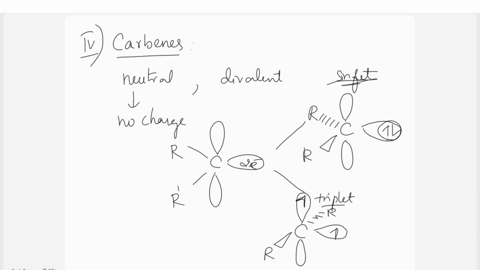In case of triplet, the electrons are not paired, and both have the same spin. Such kind of arrangement is said to be singlet and triplet.